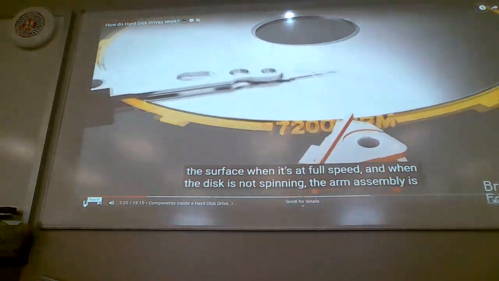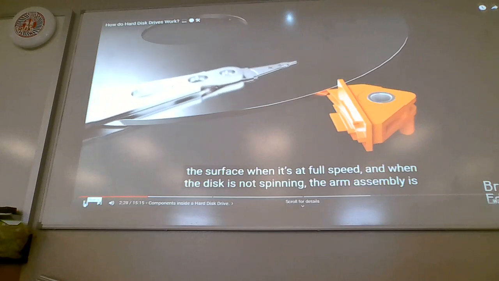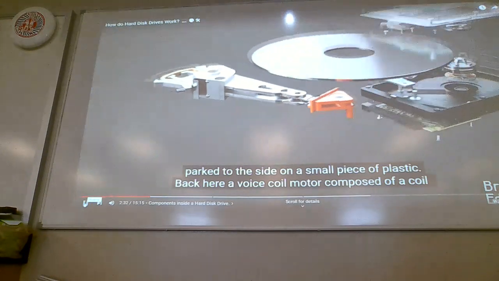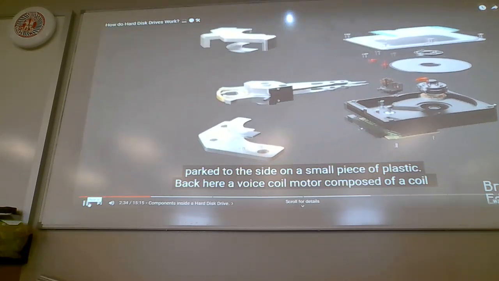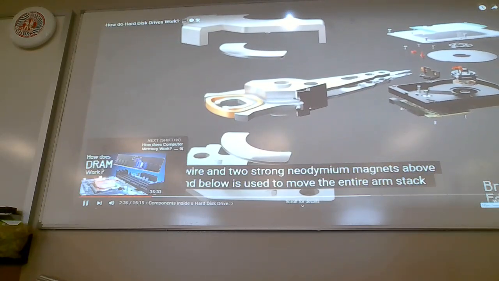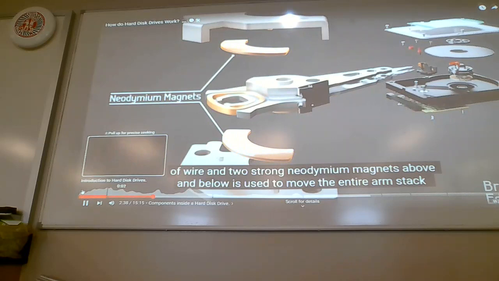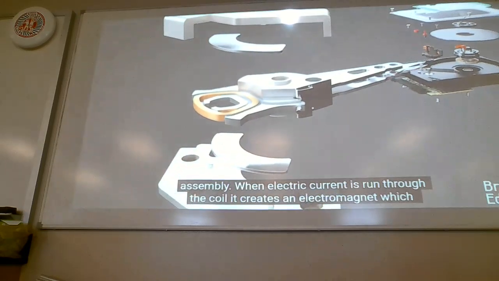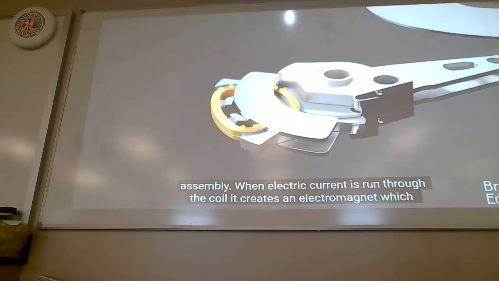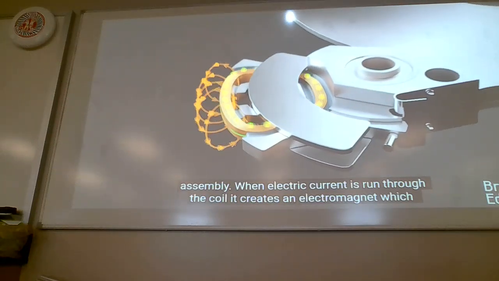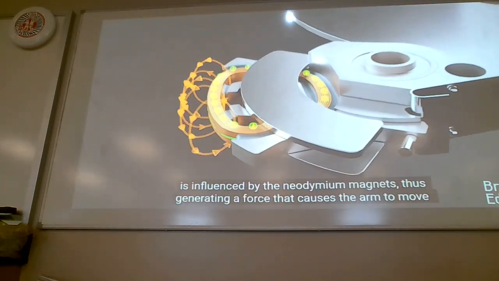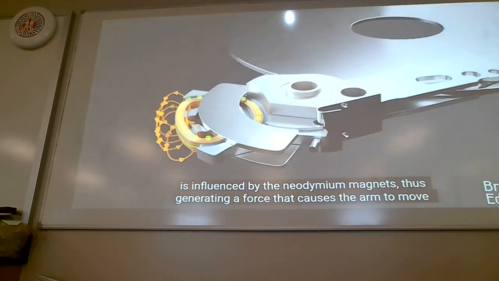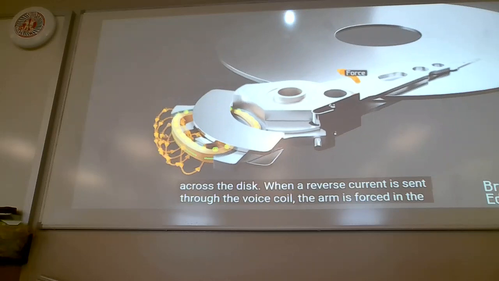And when the disc is not spinning, the arm assembly is parked to the side on a small piece of plastic. Back here, a voice coil motor composed of a coil of wire and 2 strong neodymium magnets above and below is used to move the entire arm stack assembly. When electric current is run through the coil, it creates an electromagnet, which is influenced by the neodymium magnets, thus generating a force that causes the arm to move across the disc.